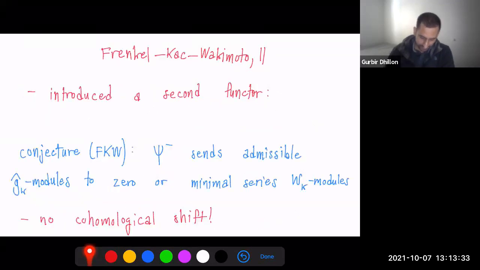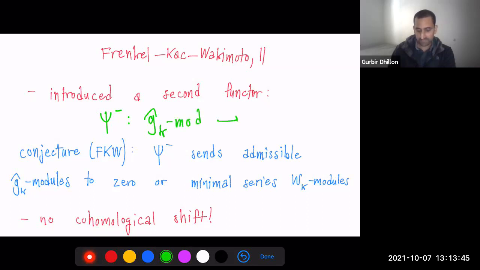But another important thing that they did in that paper was they introduced another reduction functor, which they called the minus reduction. So it again took in Kac-Moody representations and gave you W representations. But the basic conjecture they made about it was that it should behave more similarly to the case of SL2.